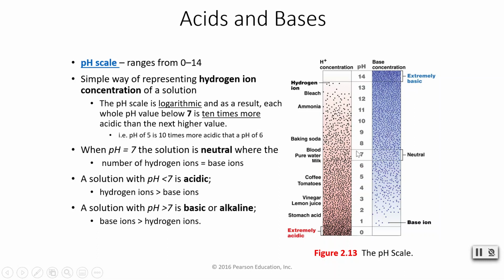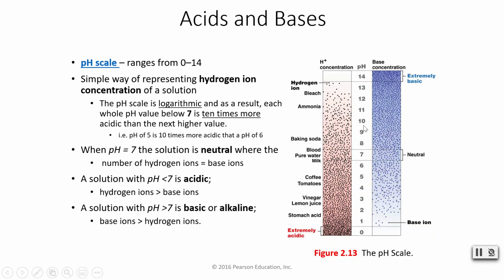So if we go from a 4 to a 5, a 4, which is an acid, is 10 times more acidic than a 5. And a 5 is 10 times more acidic than a 6. And if we did bases instead, a 12 is 10 times more basic than an 11.